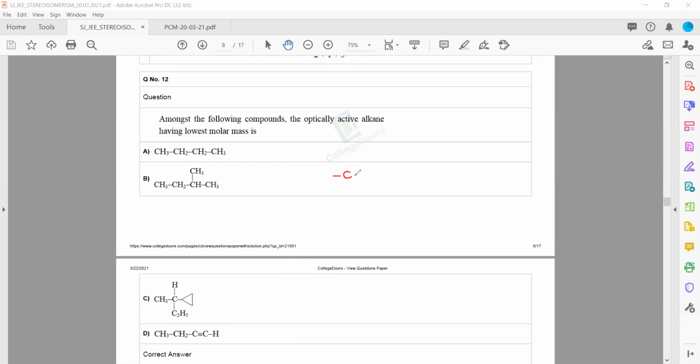C. Obviously, for an alkane, the 4 groups which have to be different will be in a combination of hydrogen, methyl, ethyl, and propyl. Now, in propyl, if I have the normal propyl C3H7 and the cyclopropyl, then out of these two options, which will be correct having the lowest molar mass? Cyclopropyl.